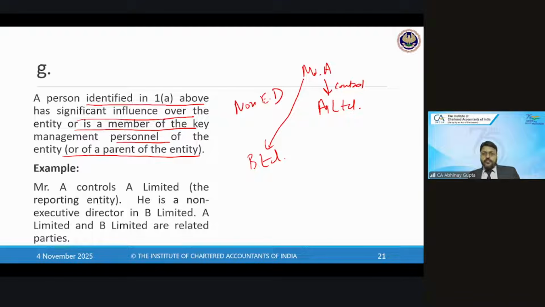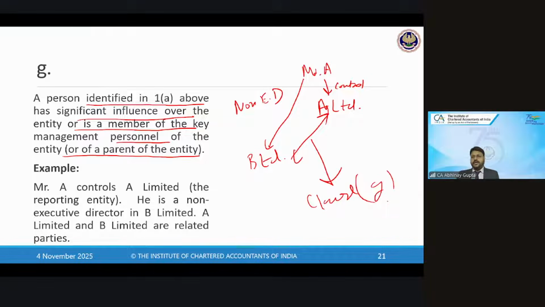By virtue of Mr. A being common, on one side controlling the company and on the other side KMP of the company, A and B are related by virtue of clause G. So clause G is saying if the same person is controlling one entity or is the KMP of another entity, then these two entities are related to each other. Clear?